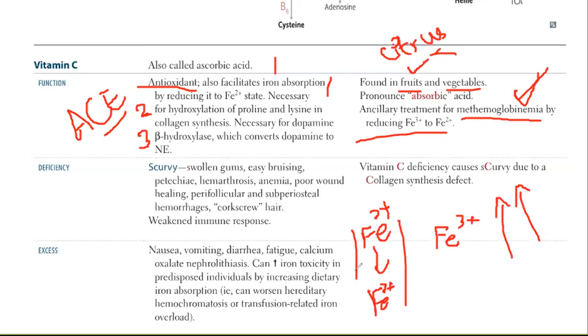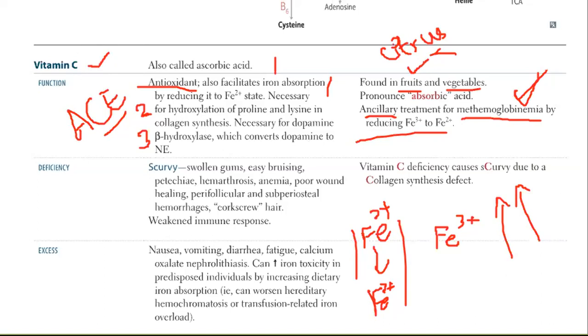So when your levels of Fe3+ are more inside your blood, you have this condition called methemoglobinemia. Ancillary means not now, but previously they used to treat it with vitamin C. So these are some more things you should know and remember.